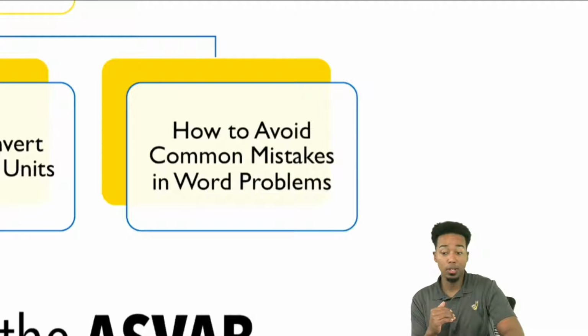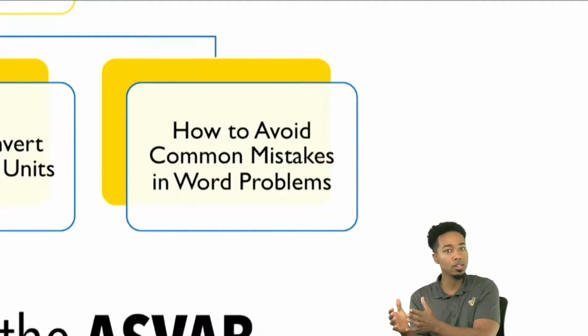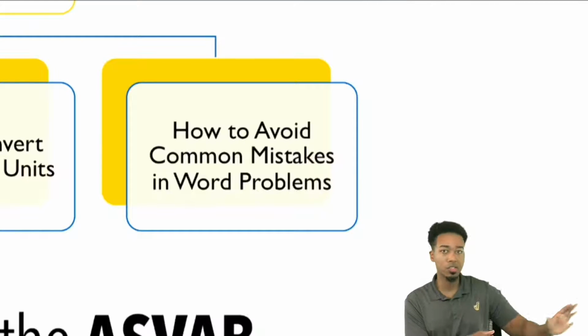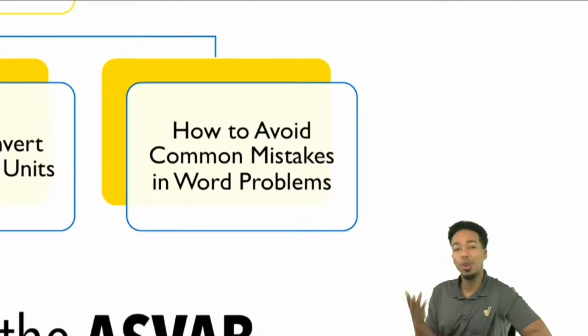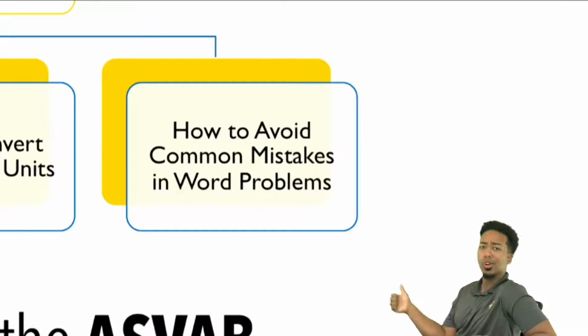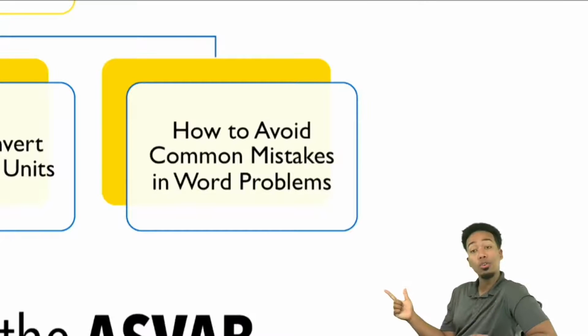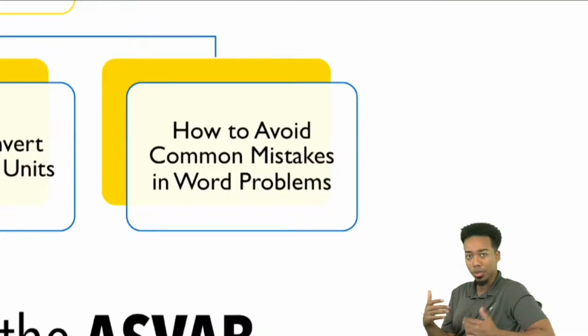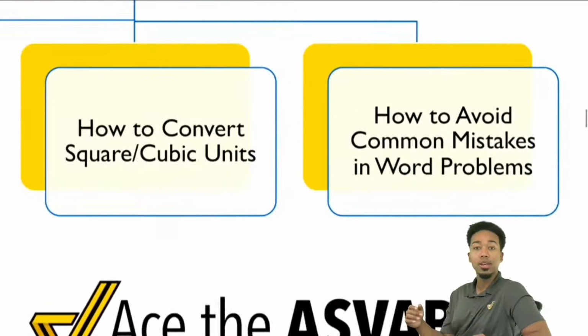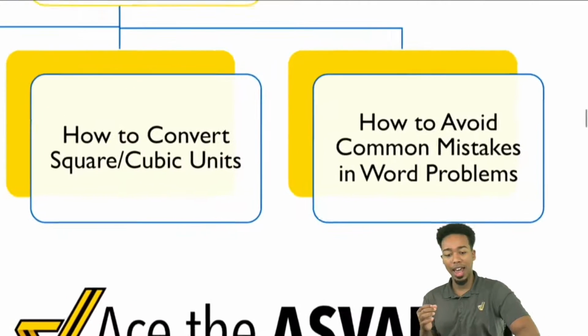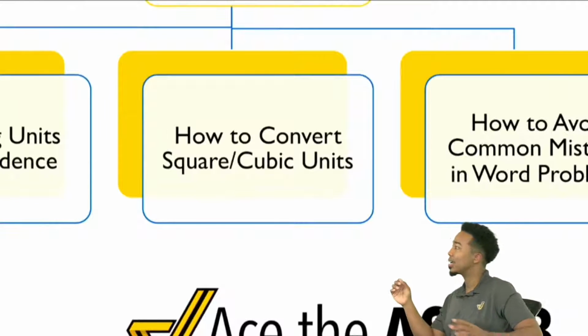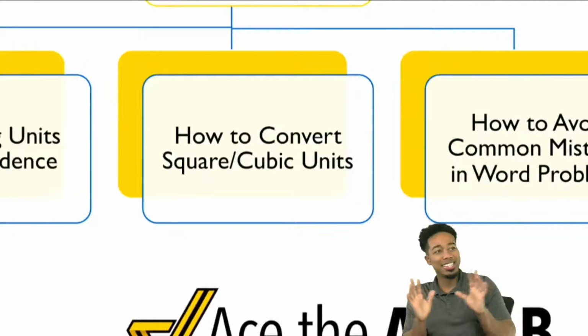And the faster that we can go from making common mistakes to only making rare mistakes, the better, right? So we want that. So again, we're going to learn how to convert units. We're going to learn these common type word problems and how to get through them and how to avoid those mistakes.